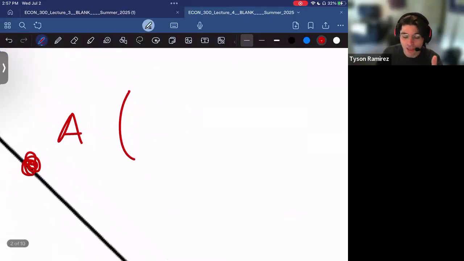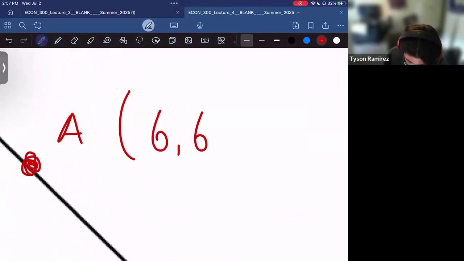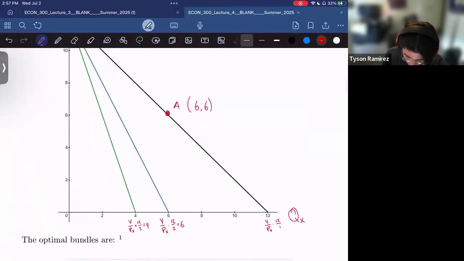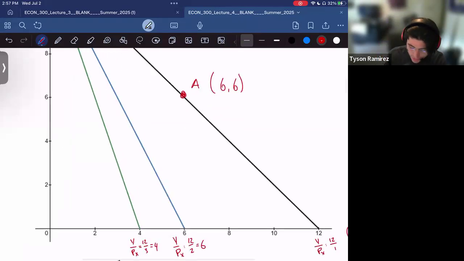Due to the preferences that they have, the consumer would choose 6 of good X and 6 of good Y. And so it comes to this point A. Now, if the price increases from $1 to $2, then the consumer, instead of consuming 6 of good X, would consume 3 of good X.